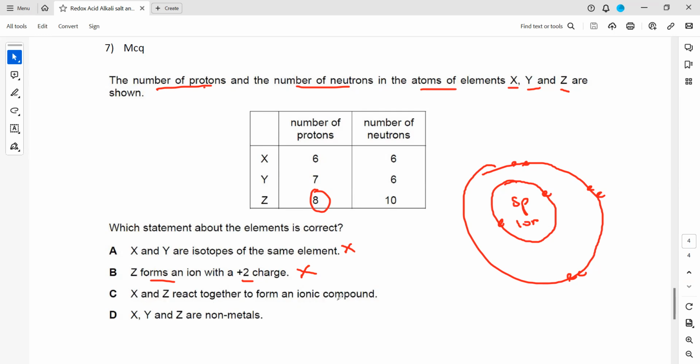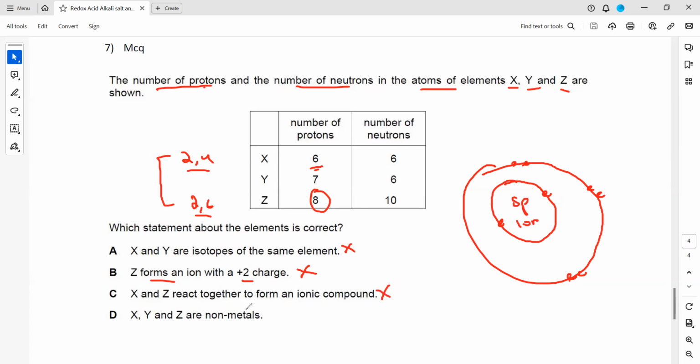X and Z react to form an ionic compound. To form an ionic compound, there should be one metal and another one a non-metal. Six protons means the configuration will be 2, 4, a non-metal. 8 is 2, 6, so it's also a non-metal. So X and Z are both non-metals, and two non-metals cannot form an ionic compound; they will form a covalent compound.